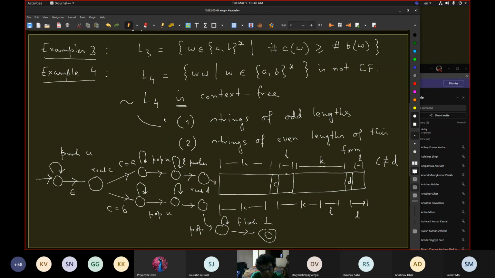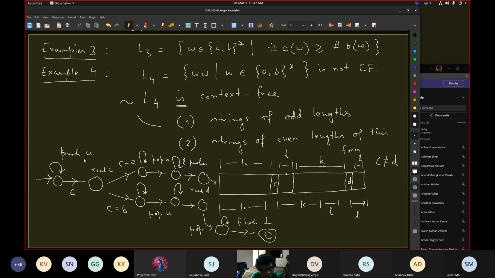If the input string is of this form, as shown in this picture, there is some value of K and L for which this thing will happen. And the machine can non-deterministically choose how long it will keep on pushing U's.